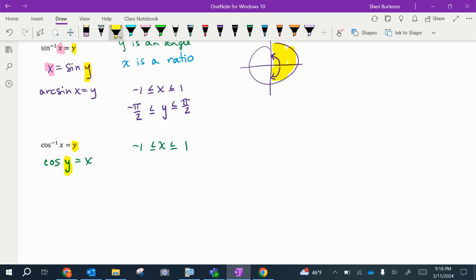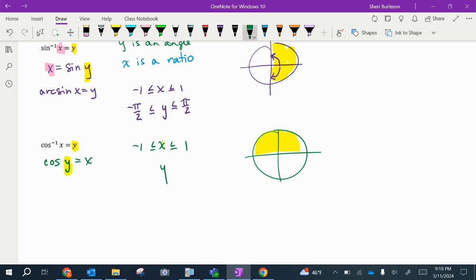We take the cosine of an angle, and x again is the ratio, and our ratio is going to fall between -1 and 1. Inverse cosine only exists in quadrants 1 and 2.